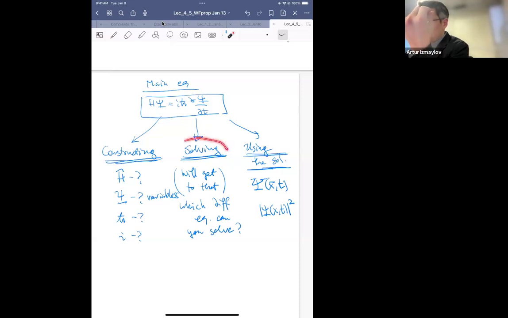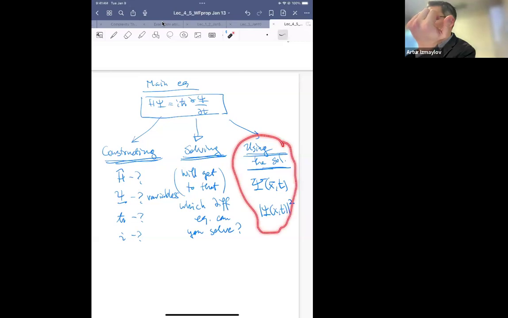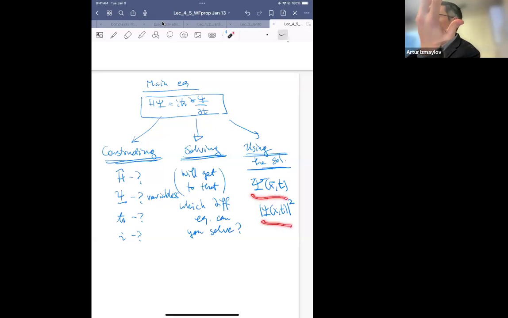Now, solving it is relatively complicated. We will look at the simple systems later, in the middle of the semester. And first, we will study the quantum formalism from the point of view of, let's say, somebody solved this equation, on a computer or analytically. So what do we do with the solution? How does knowing the wave function allow us to say something about the system?